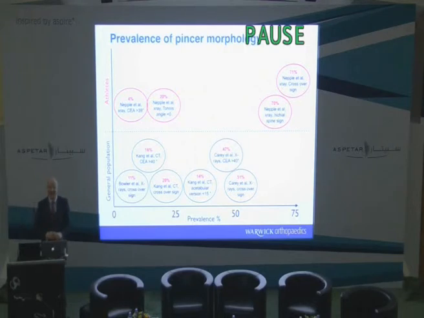So if we take those possible definitions and pull out studies that have described groups of patients using the same sort of mapping process, we end up with this. So you can see that athletes extend from a 4% pincer impingement rate to a nearly 75% pincer impingement rate, depending on which sign you use.